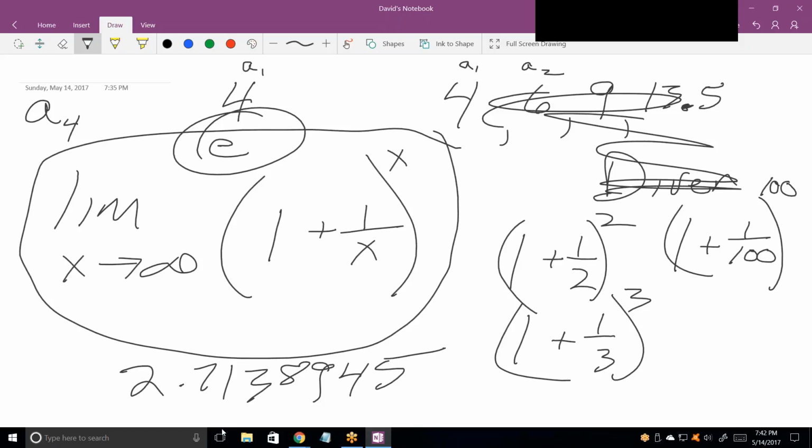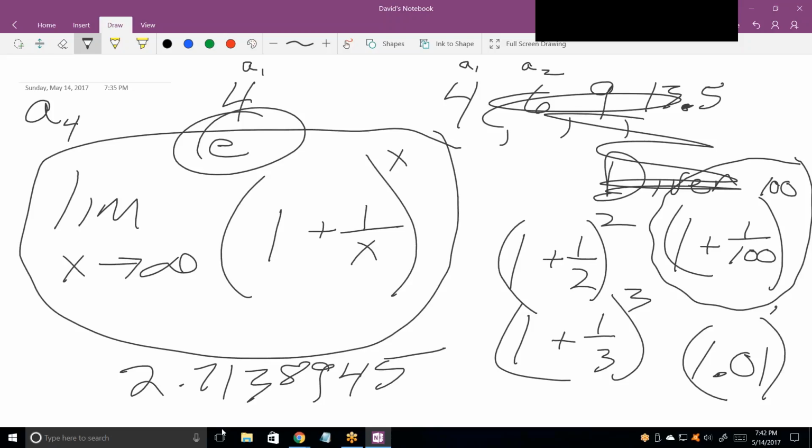In other words, if you did that in your calculator, 1 plus 1/100, in other words, 1.01 to the 100th power, go ahead and do it real quick. 1.01 raised to the 100th power. It comes to 2.70 for E. Close.